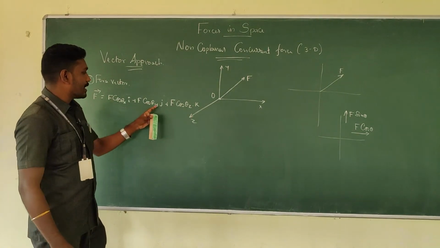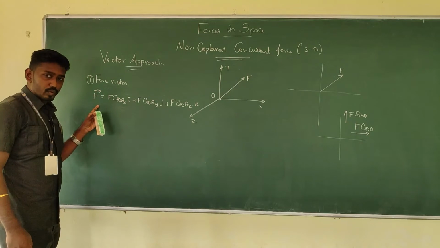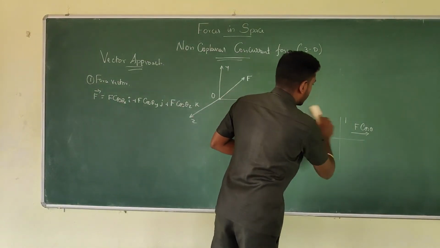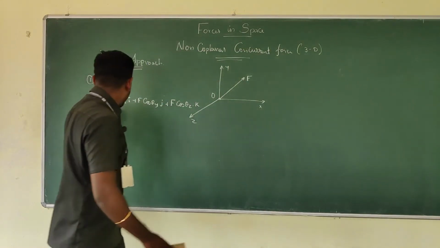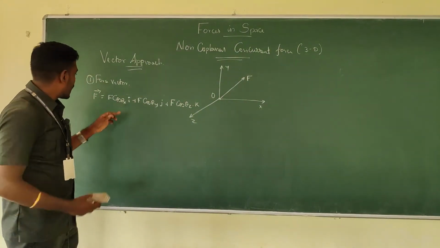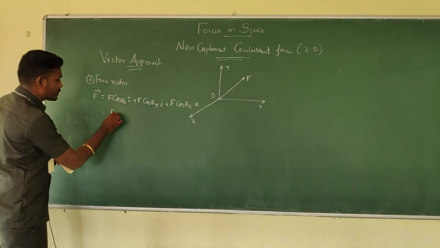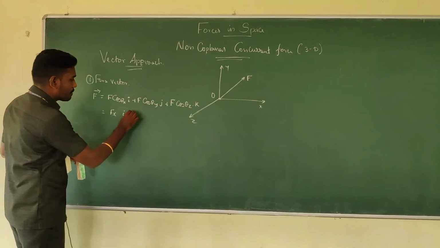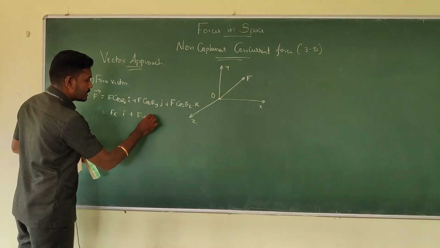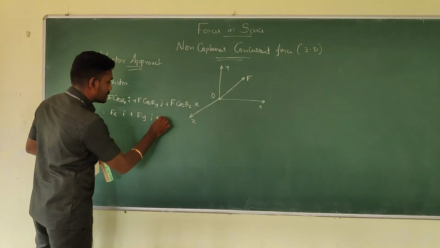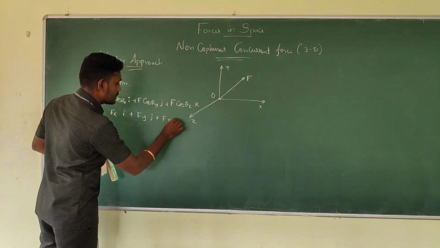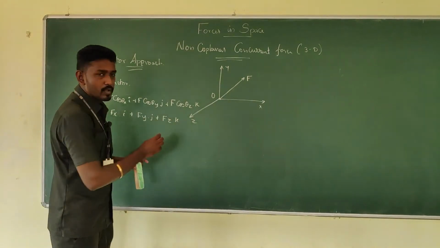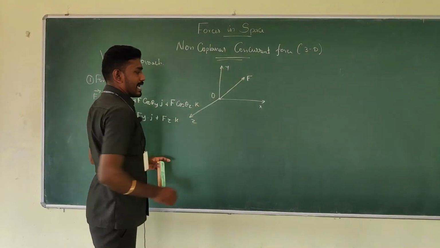Separately we have taken them in force vector format. This F cos theta x can be taken as Fx, so it becomes Fx i plus Fy j plus Fz k.